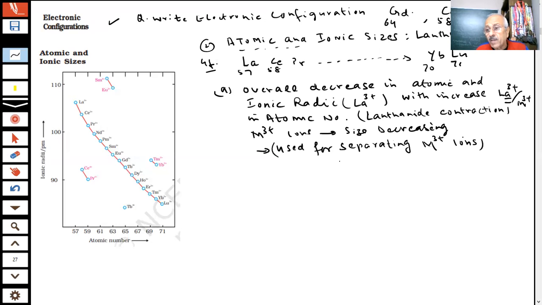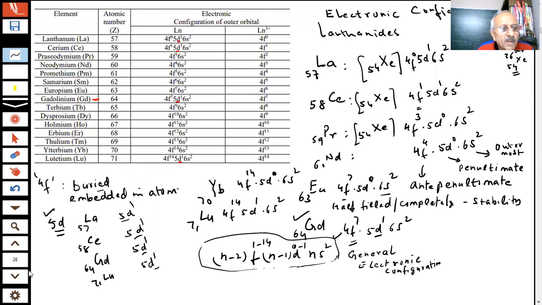Separation is difficult because their sizes are decreasing, but not to that extent. As you can see, there is only a slight decrease. The decrease in size is not very large, students. If we have a value of that somewhere, let me see.